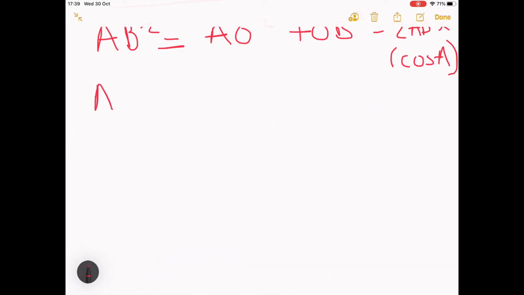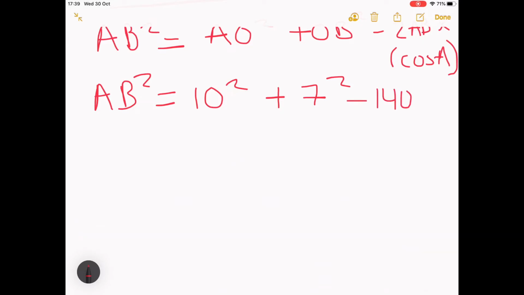So we still don't know what AB is. So AB squared equals AO, which we know is 10 squared, plus OB, which we know is 7 squared, minus, so 2 times 10, which is 20, times 7, which is 140. So minus 140 times cos 150.